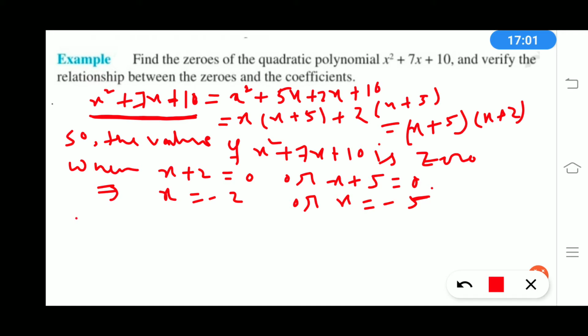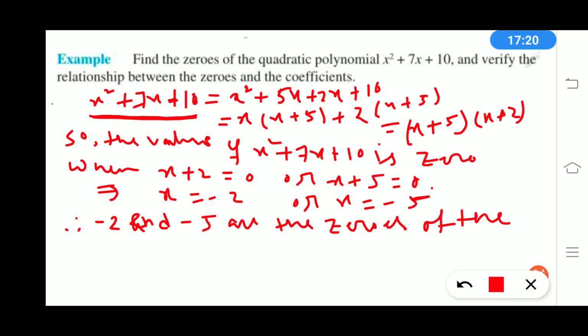Therefore minus 2 and minus 5 are the zeros of the polynomial x square plus 7x plus 10. Clear? So the first part is complete. That means find the zeros of the quadratic polynomial.